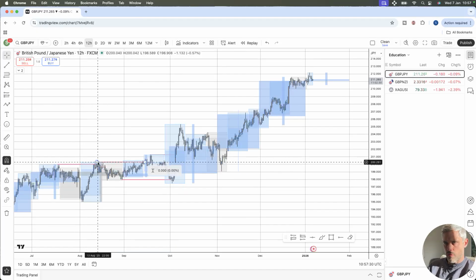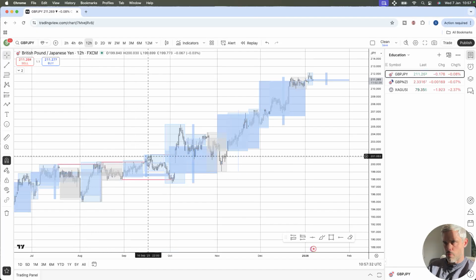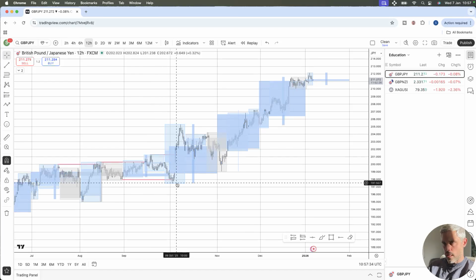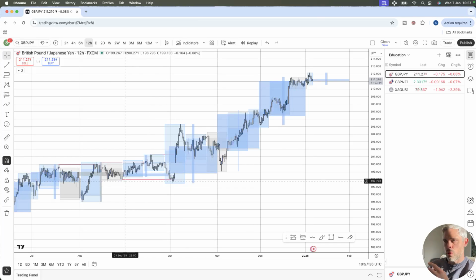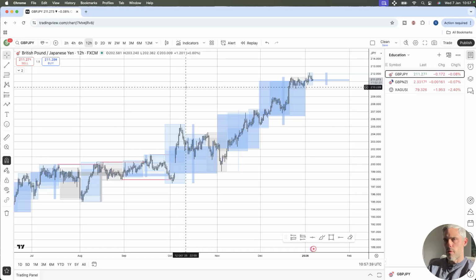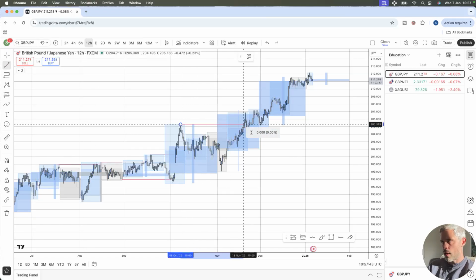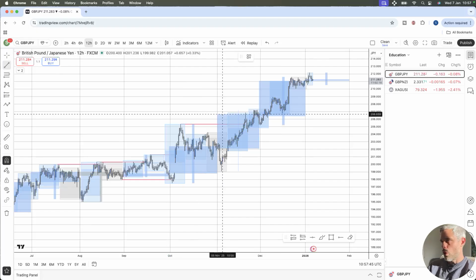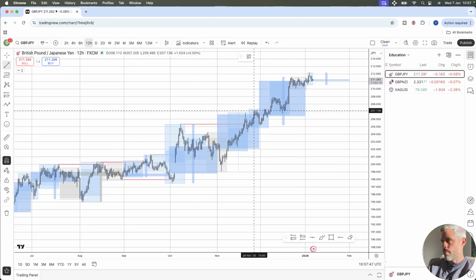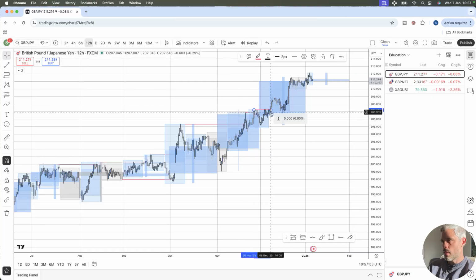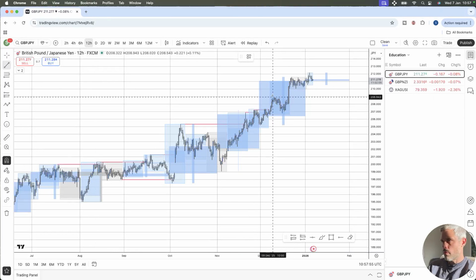Price broke above an old high, retrace, price broke above an old high, retrace, broke below this low, then broke above the high. Then we had this very corrective pullback, break above a high, no retracement in this instance here, break above the high, break above the high, and break above the high.